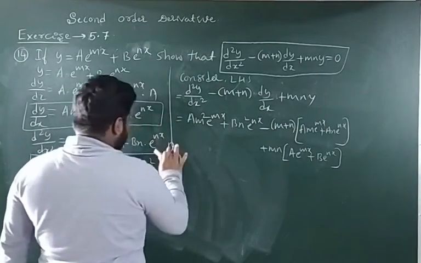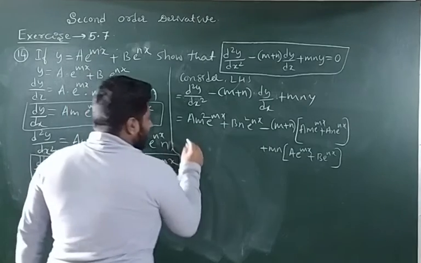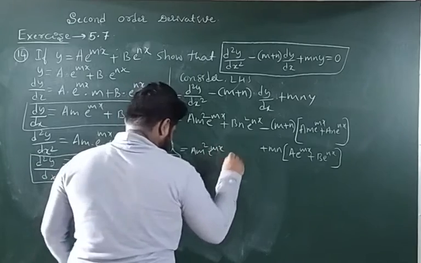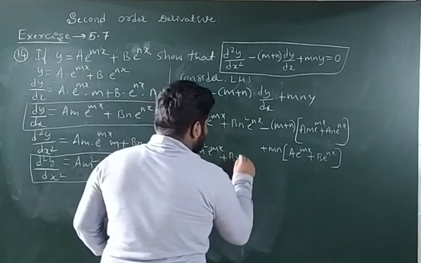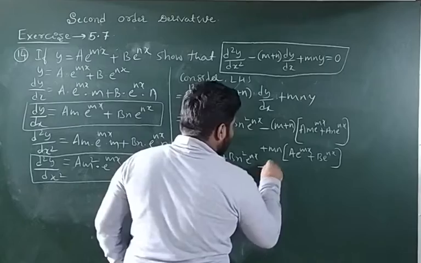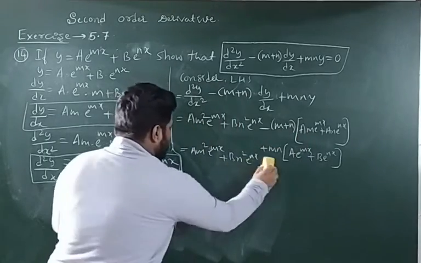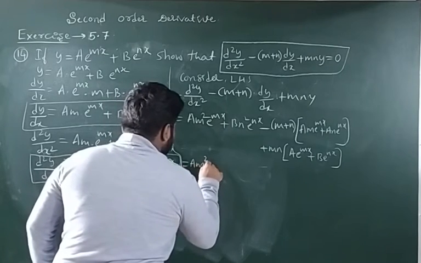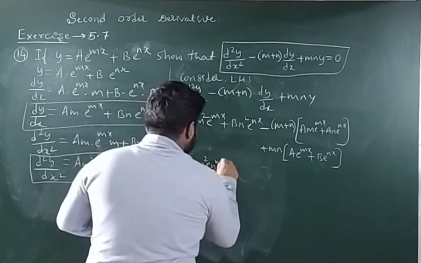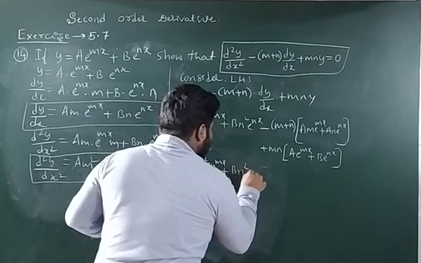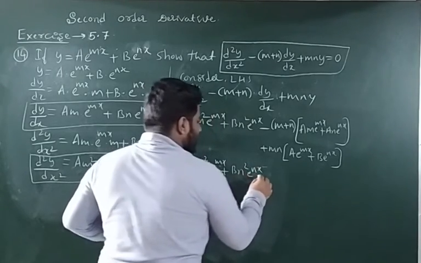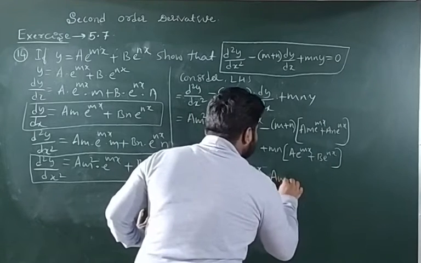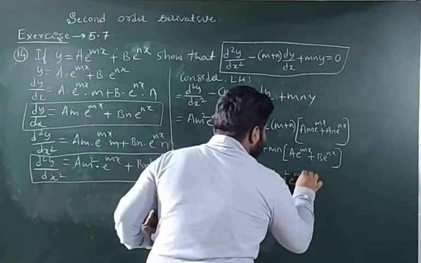After simplification, we are getting am square e raised to mx as it is plus bn square e raised to nx as it is, minus m into this a. Carefully see here: am square e raised to mx plus bn square e raised to nx, minus m into a, this one becomes am square e raised to mx.